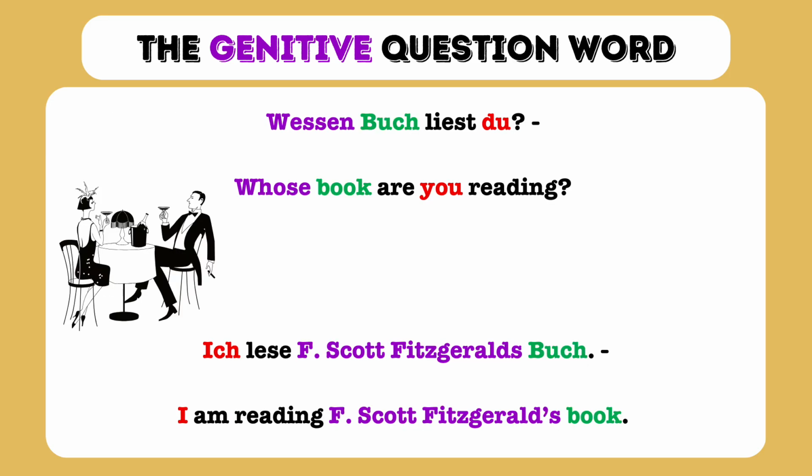Wessen Buch liest du? Whose book are you reading? Ich lese F. Scott Fitzgerald's Buch. I am reading F. Scott Fitzgerald's book. Wessen is used here to ask about the person to whom the book belongs, and therefore we say wessen Buch, whose book. When we answer the question, we use Fitzgerald with an S at the end of it to indicate the genitive case.